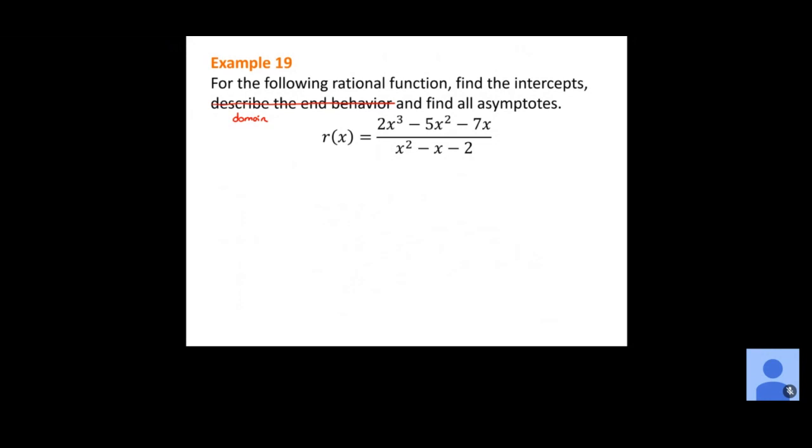All right, so let's look at the numerator first. Can we factor anything in the numerator? Good, there's a common factor of x. So I'm going to bring that out, and that's going to leave me with 2x squared minus 5x minus 7. We'll go back and see if that factors any further in just a minute. What about the denominator?